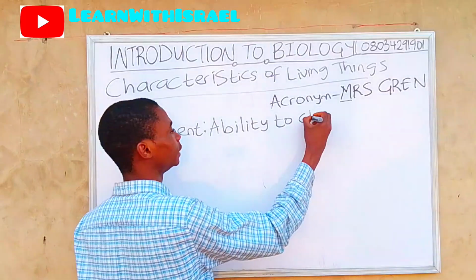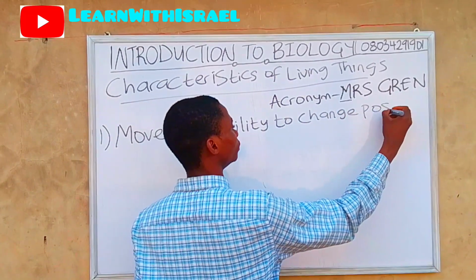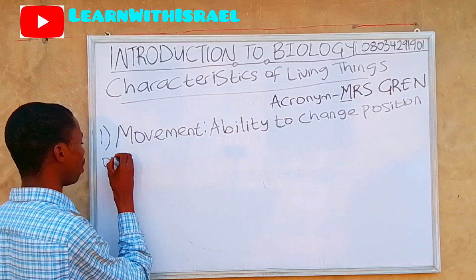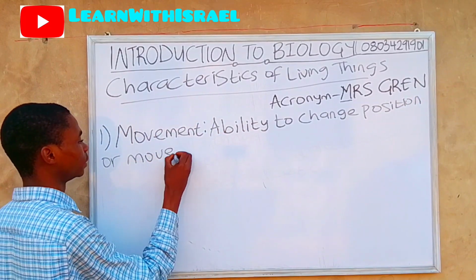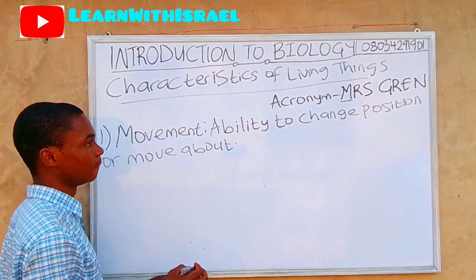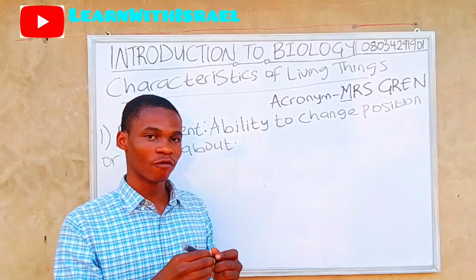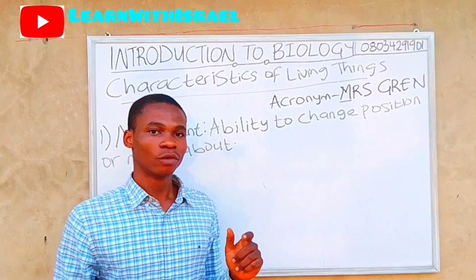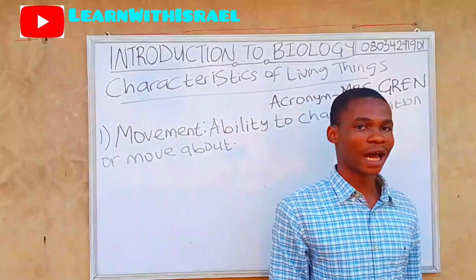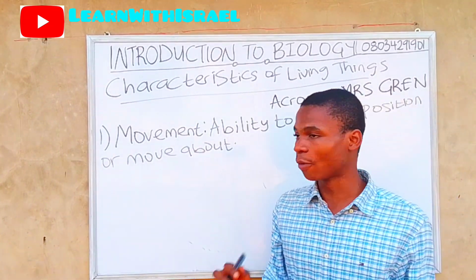Movement is the ability to change position or move about. For example, if I go from here to this place, that's what we call movement. So I hope we are clear with that.